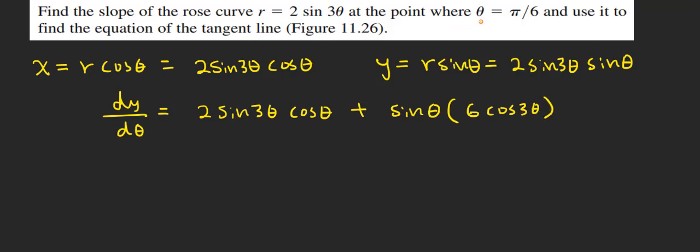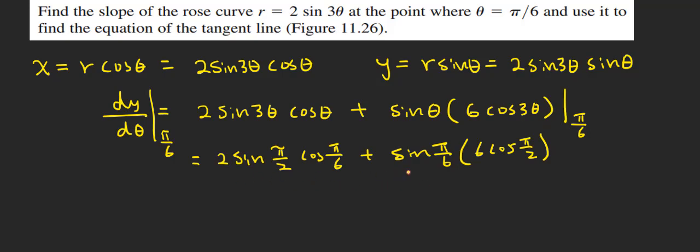Now since you need to find the slope when theta is pi over 6, we need to evaluate dy over d theta when theta is pi over 6. So that means instead of theta, we've got to plug in pi over 6. And when you do that, you get this expression over here.